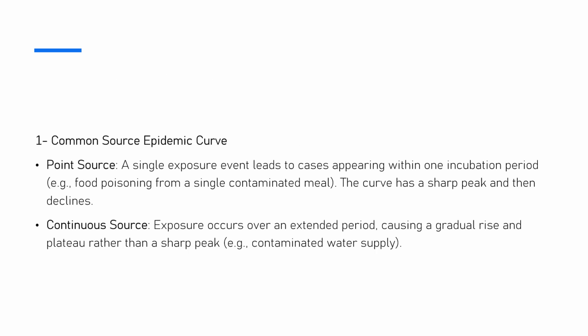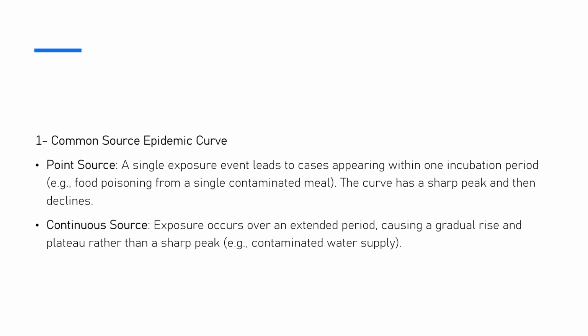First we have the common source epidemic curve. It can be in two forms, a point source or a continuous source. With a point source, there is a single exposure that happened in one period of time, for example, food poisoning from a single contaminated meal.